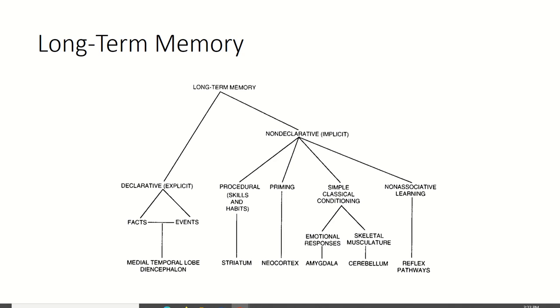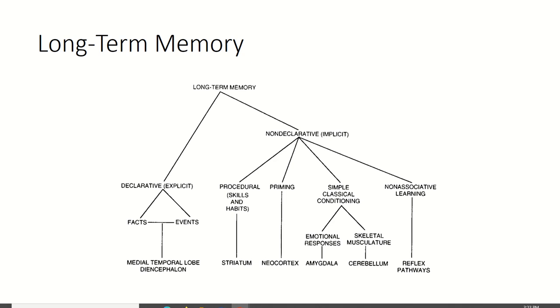One big distinction is between explicit long-term memory and implicit long-term memory, or if you will, explicit being declarative long-term memory and implicit being non-declarative long-term memory. What is the distinction between those? Pretty straightforward, really.